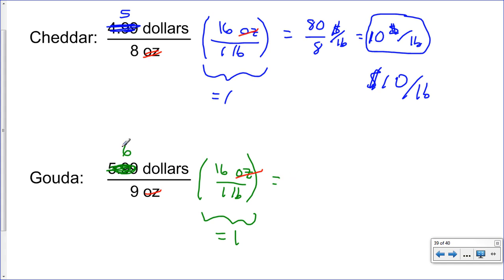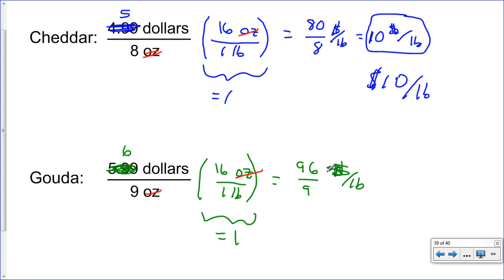Now, 6 times 16, 6 times 10 is 60, and 6 times 6 is 36, so that's 96. 96 divided by 9, dollars per pound. Oh gosh, it's ugly. 96 divided by 9.